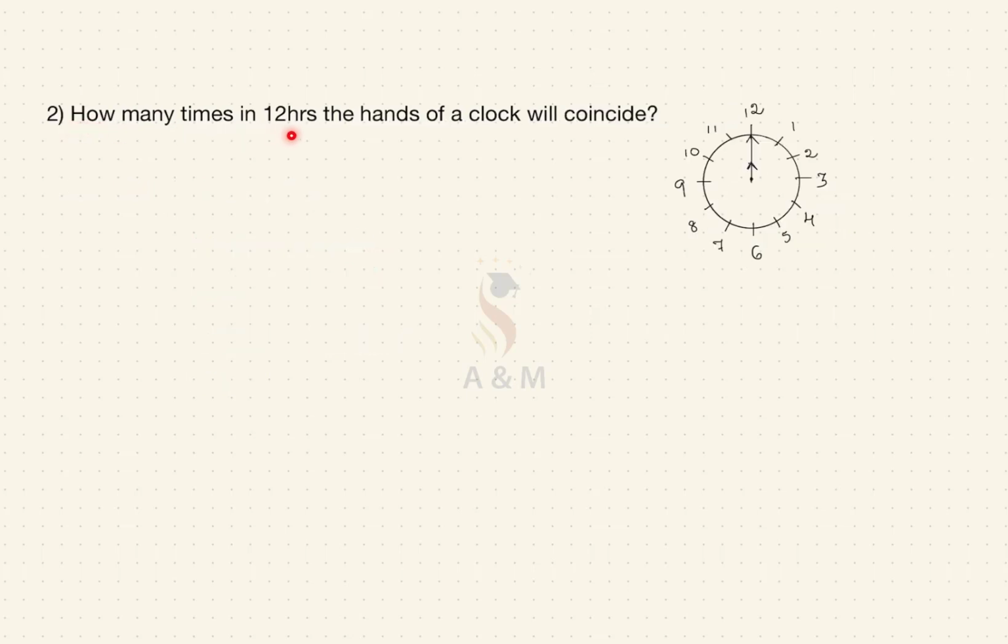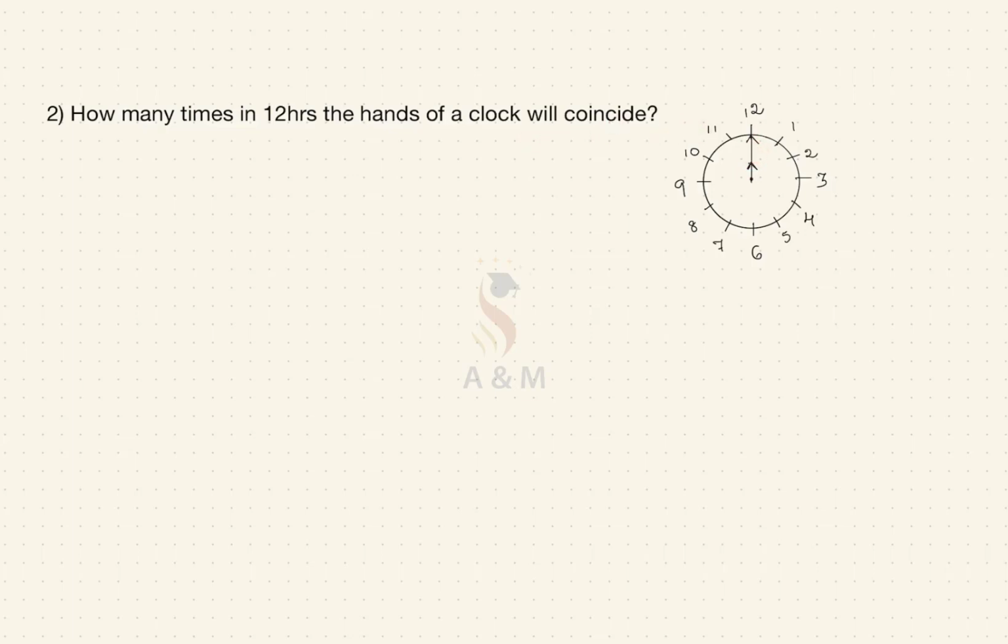How many times in 12 hours will the hands of a clock coincide? What do you mean by coincide? That is, the 2 hands of a clock will be together. See, you can see here both the hands are together, that is nothing but coincide.